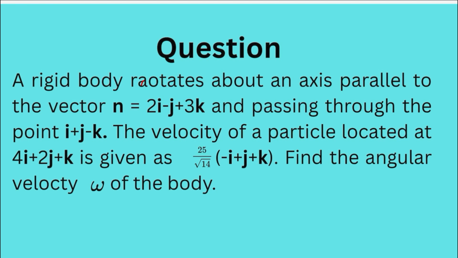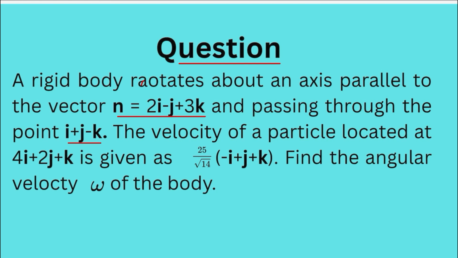The question I pose to myself: a rigid body rotates about an axis parallel to the vector so and so, and passing through the point. This vector is passing through this point.